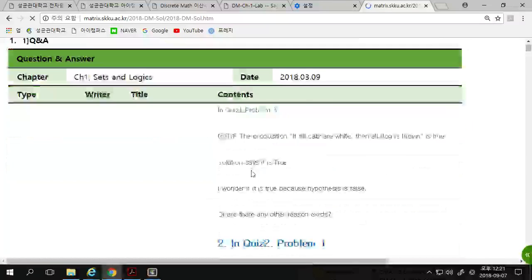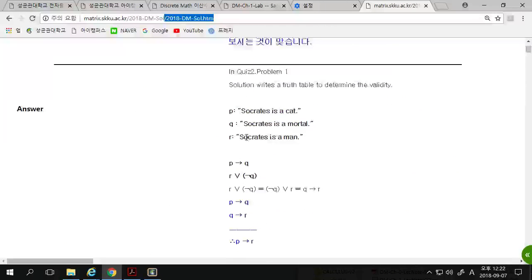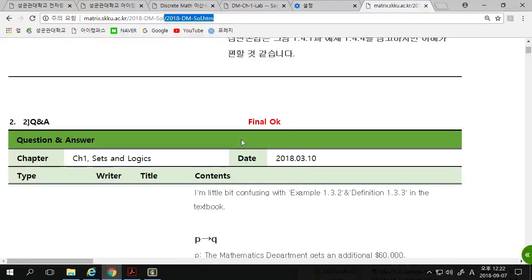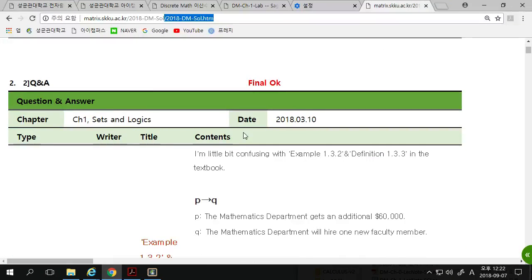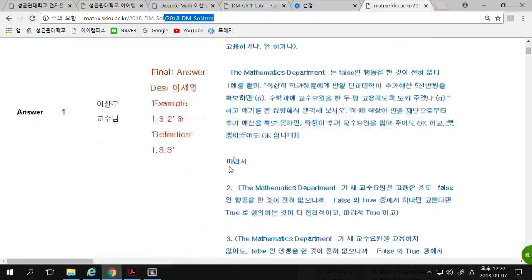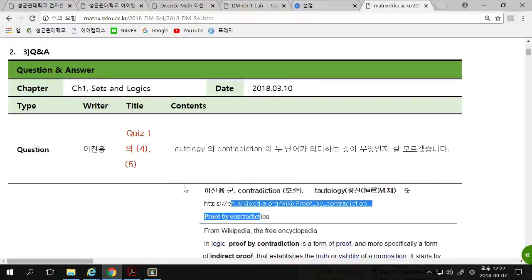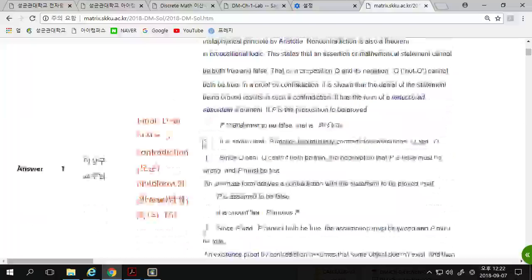And also, this is a solution manual for many of the problems of this textbook. Here, for example, example 1.3, there was a question and answers are here, and the quiz problems and solutions.